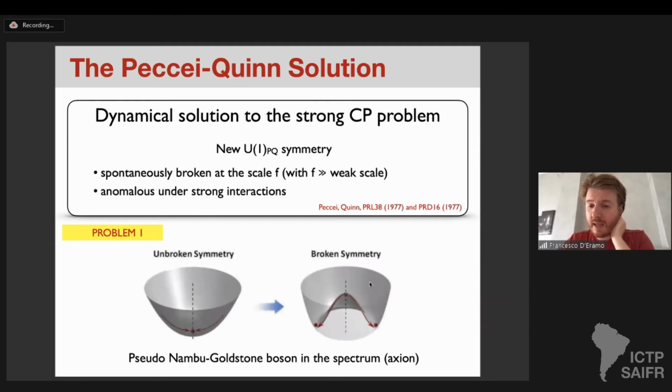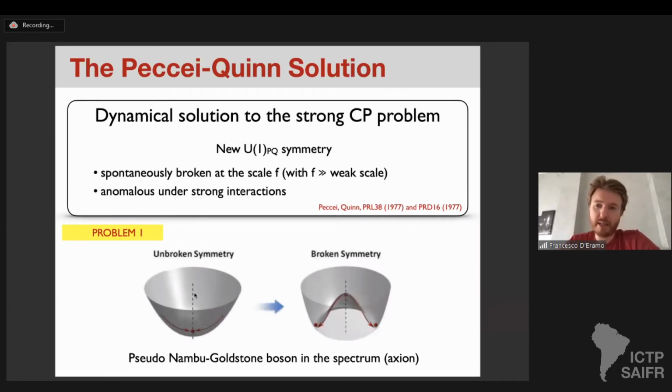However, this is the potential at zero temperature, or at low enough temperature.